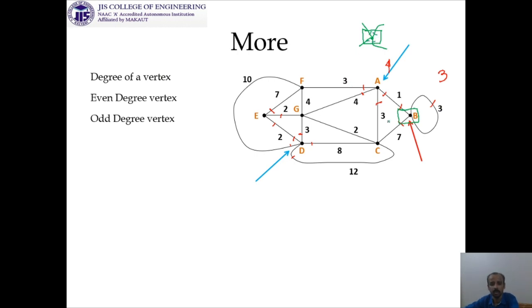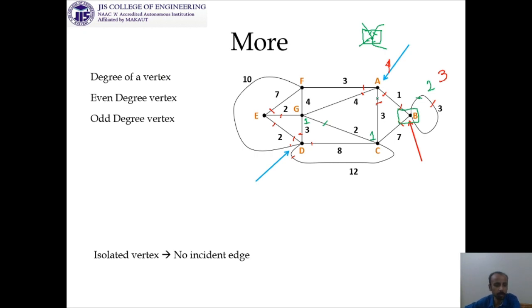It is 4. So the degree of this vertex will be 4. In another way, we can say that the contribution of this edge in the concept of degree is 2, and this contribution is given to a single vertex. This edge contributes degree 1 over here and degree 1 over here, but this edge, that means the self loop, is contributing 1 and 1 both in B, so the degree of this vertex is 4.